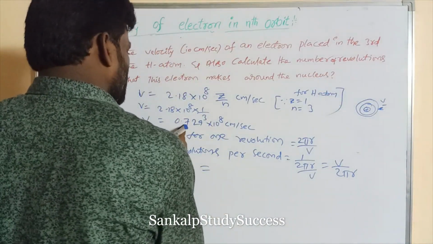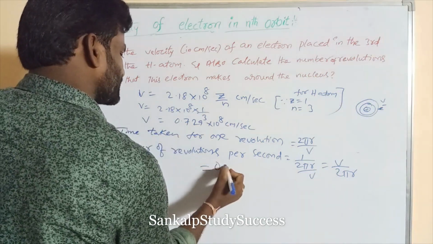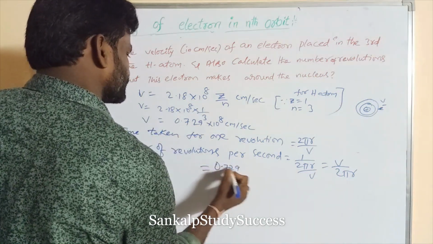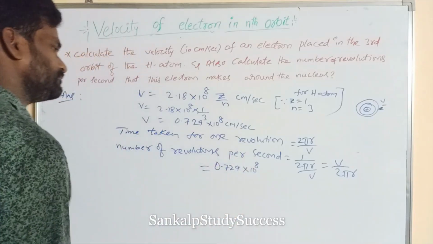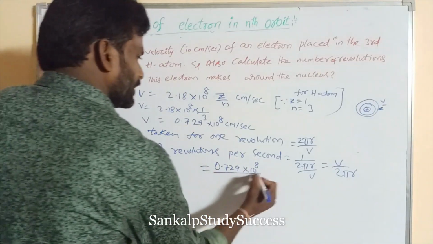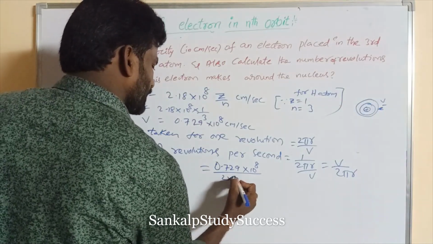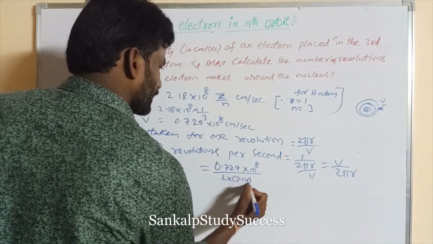What is the velocity of the electron? 0.729 × 10^8, divided by 2π, with the value 3.14, into r.